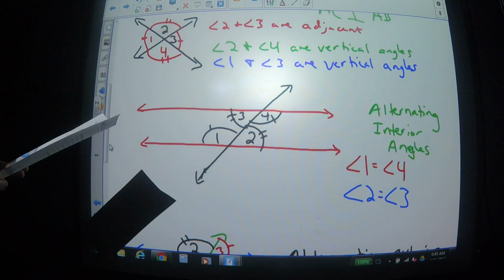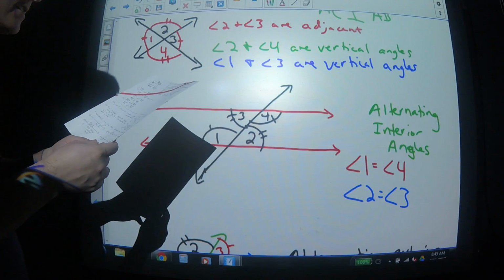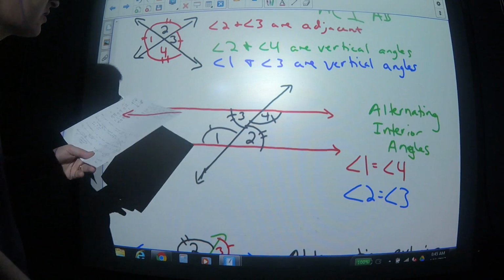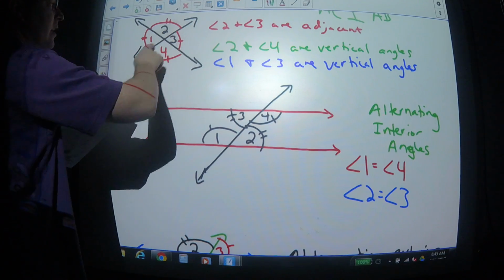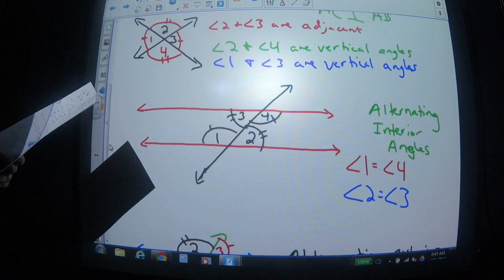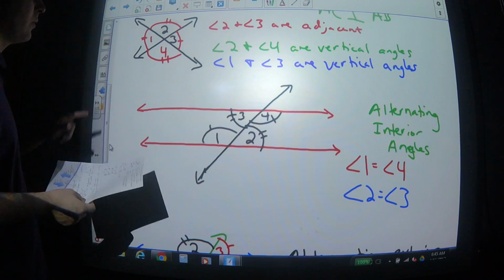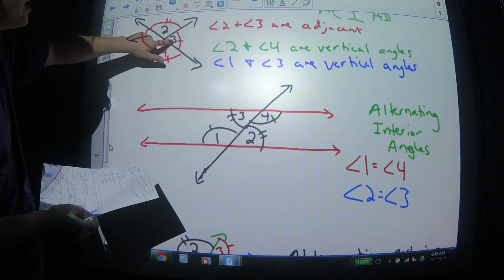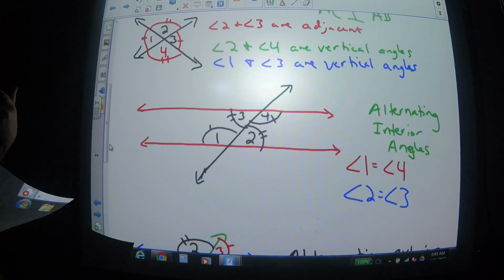So for instance, adjacent angles have a common vertex and side, but no common interior points. You have these two lines here that intersect each other, and they form what are known as adjacent angles. So angle 2 and angle 3 are adjacent angles. They're also supplementary from the previous section.